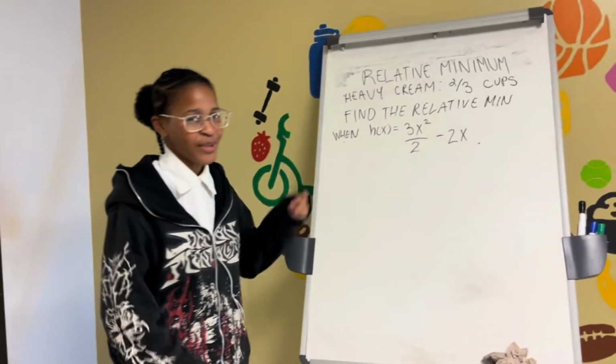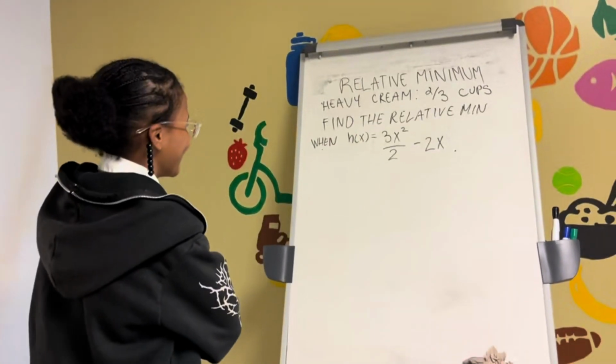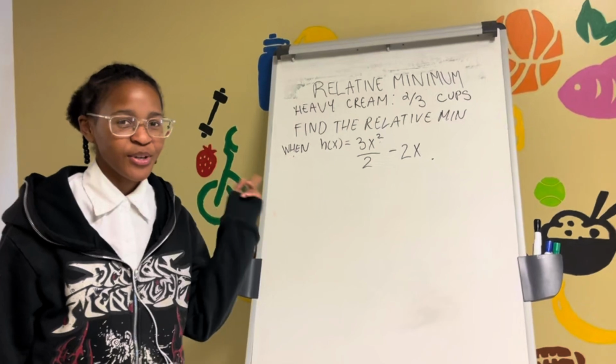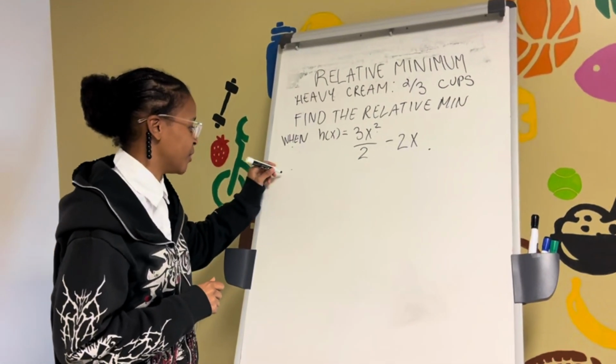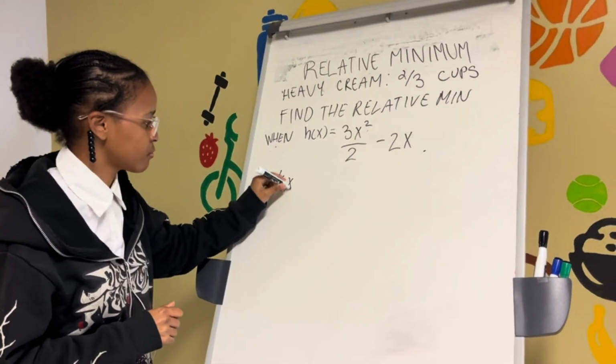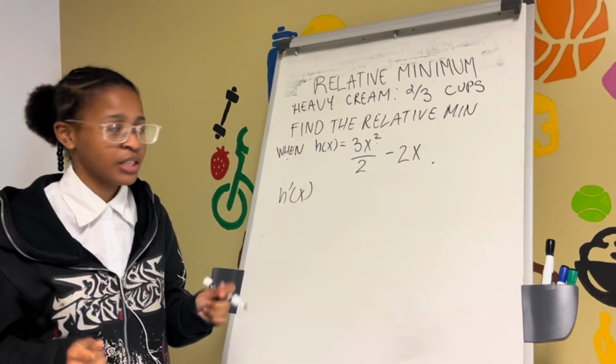Now we will be starting with the dip by finding a relative minimum with 2/3 cups of heavy cream. So in order to find a relative minimum, you need to find h prime of x, or when h prime of x is equal to 0.